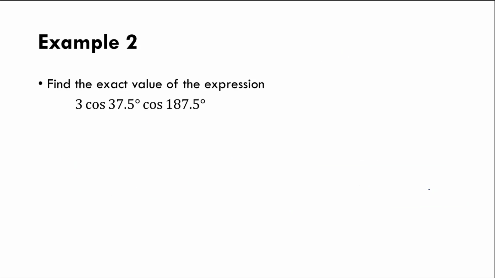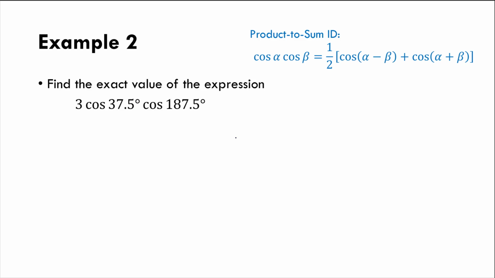Let's move on to example number 2. Find the exact value of our expression here. We're going to need to use our product to sum identity again, because I don't really know what cosine of 37.5 is or what cosine of 187.5 is.